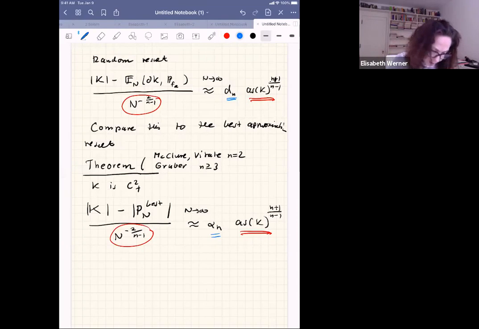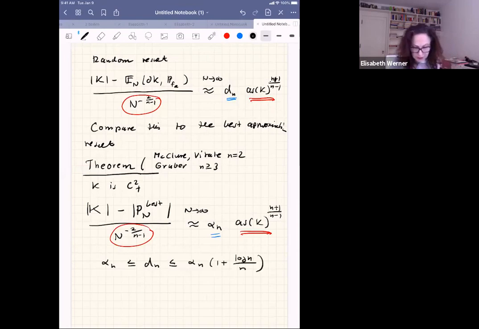Of course, because we have the best approximating result, alpha n is smaller or equal than dn. But actually not by much, namely dn is smaller or equal than alpha n times (1 plus log n over n). So as the dimension increases, alpha n and dn are almost the same. In that sense, random approximation is almost as good as best approximation.